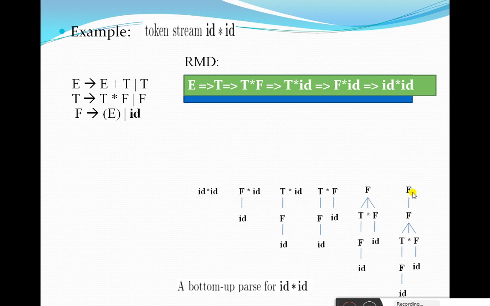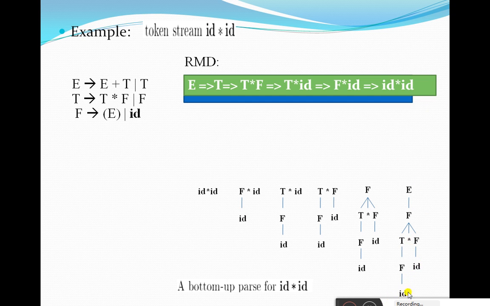So we get, again from top to bottom, if you use RMD, ID star ID. So you have to use RMD in reverse. You should start from the leaf nodes like ID star ID and move towards the root.